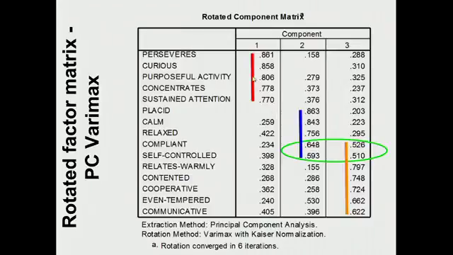So I'm getting the sense here that there is a factor. So this is 0.8, 0.8, 0.8, 0.7, 0.7. And if you look at the cross loadings, so Persevere loads 0.8 on factor 1, 0.1 on factor 2, and 0.2 on factor 3. So Persevere belongs strongly to the first factor, and it doesn't really belong to factors 2 or 3.